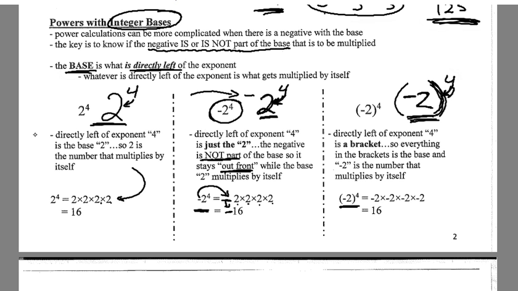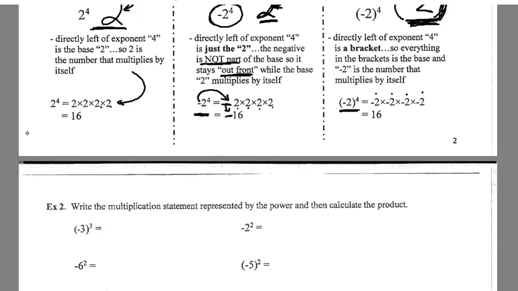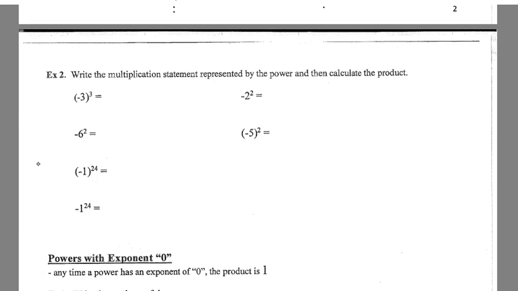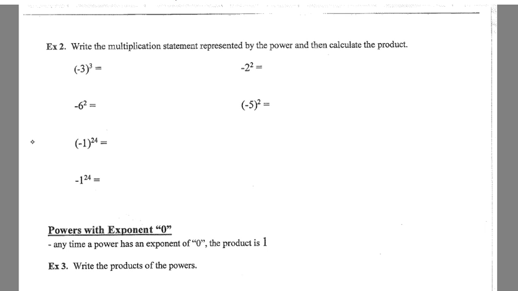Now, in this example, beside the 4 is the bracket. So everything in bracket is your base. So negative 2 times negative 2 times negative 2 times negative 2. This time, the negative's part of it. So we need a negative in every calculation. 2 times 2 times 2 times 2 is 16. 4 negatives make a positive. So you have to be careful with negative bases. Pause the video, give these a try, and then we'll take a look at them together.